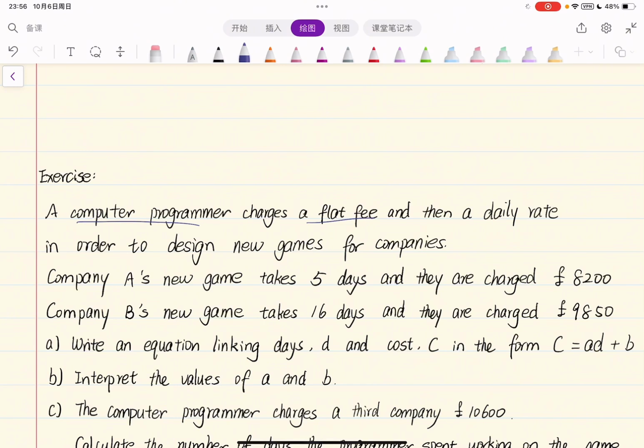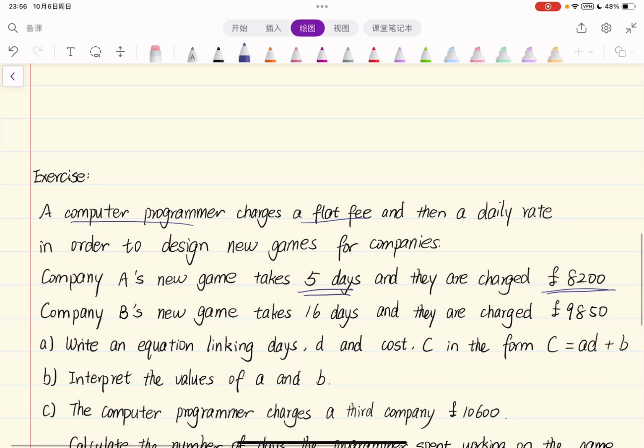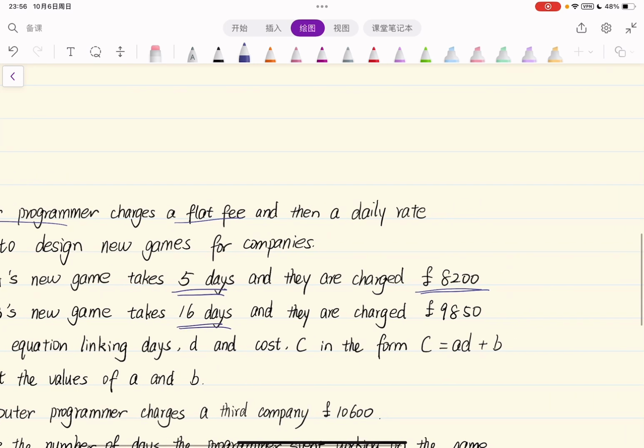Company A's new game takes 5 days and they are charged £8,200. Company B takes 16 days and is charged £9,850.